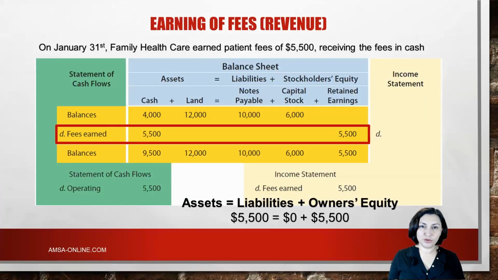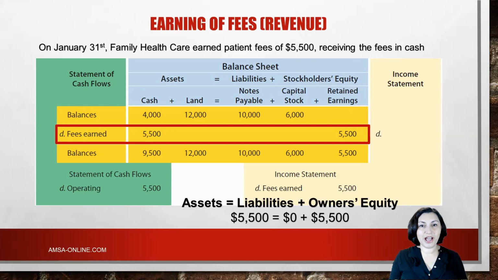On January 31st, Family Health Care earned patient fees of $5,500, receiving the fees in cash. Will revenue account increase or decrease? Will cash account increase or decrease? Remember to determine the nature of the account involved when deciding increases or decreases.